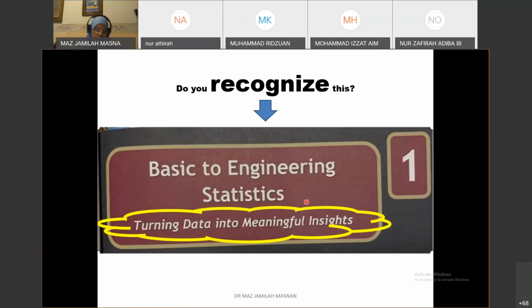So, basic to engineering statistics, and circled in the yellow cloud is turning data into meaningful insight. So the whole idea of chapter 1 is actually not to teach you, because I think some of you may have gone through this particular topic before during your secondary school, or maybe during your matriculation, or maybe during your diploma if you have taken your diploma.